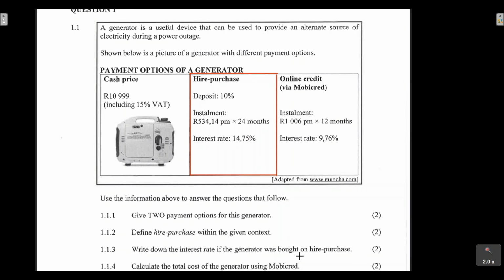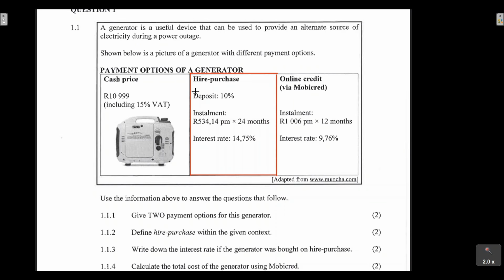Only after the final installment will the customer own the generator. Do you see how we've now answered the question using the given context?